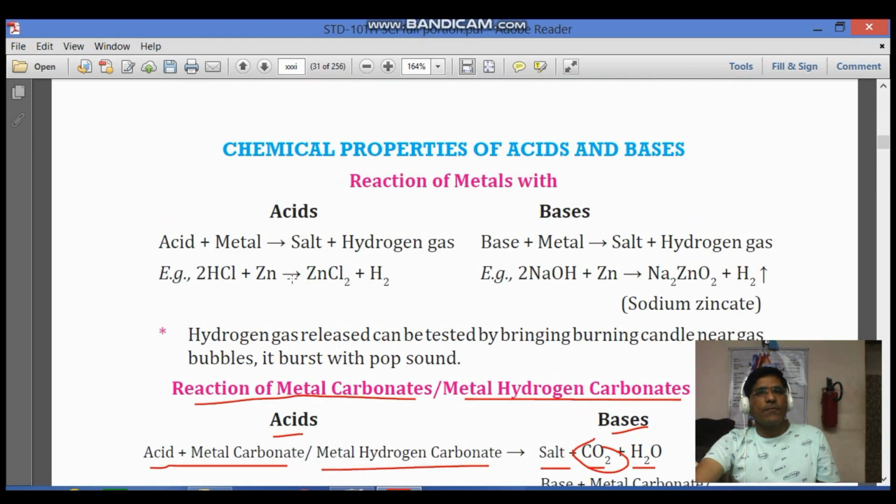Reaction of metal with acid liberates hydrogen gas. Reaction of metal with base again liberates hydrogen gas. So basic salt is sodium zincate, acidic salt is sodium chloride. So this is sufficient for us.